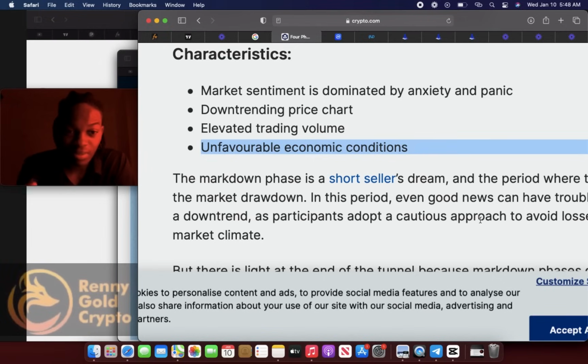So during the markdown phase, I don't invest. But when I have money, let's say I have just $100, with that $100, I will use what they call the dollar cost averaging strategy, meaning I'll be buying bit by bit. Let's say the market is down here, low volatility, I'll buy right here.